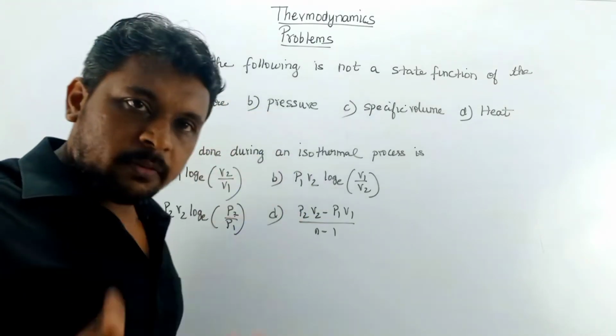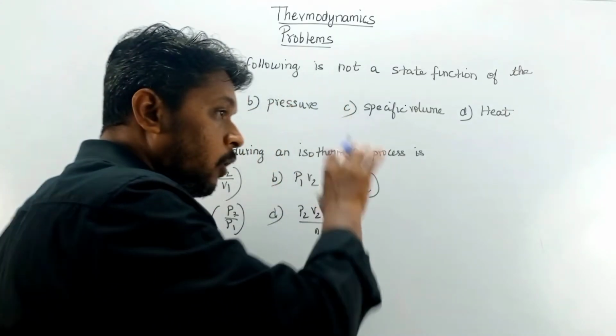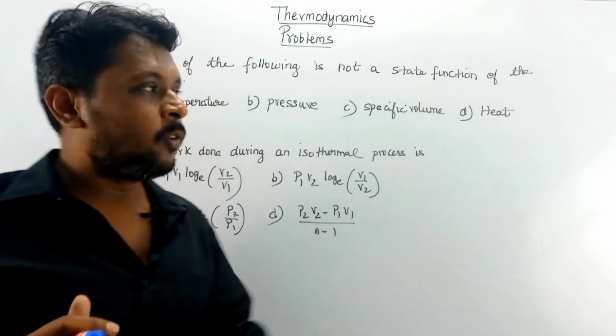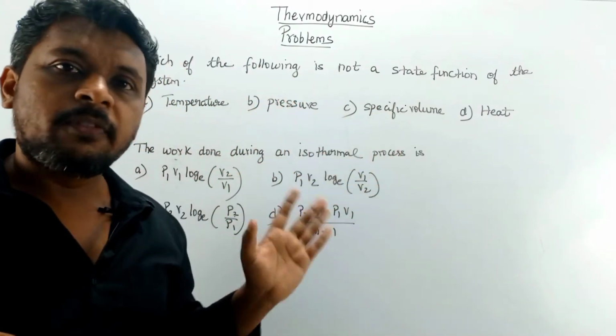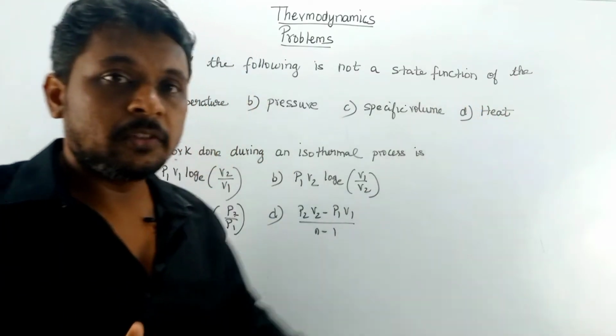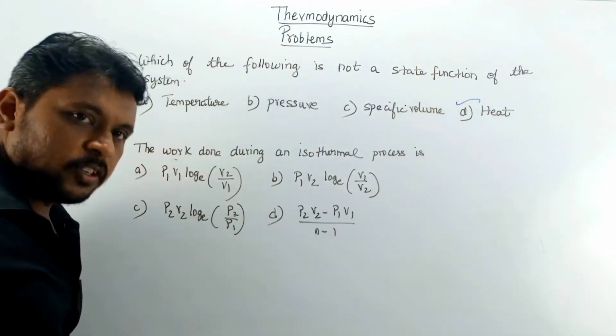Pressure is also a state function, and specific volume also is a state function, it does not depend on the path taken. Heat is not a state function, it is a path function, only the path determines the value of the heat. So from these four options, option D is not a state function.